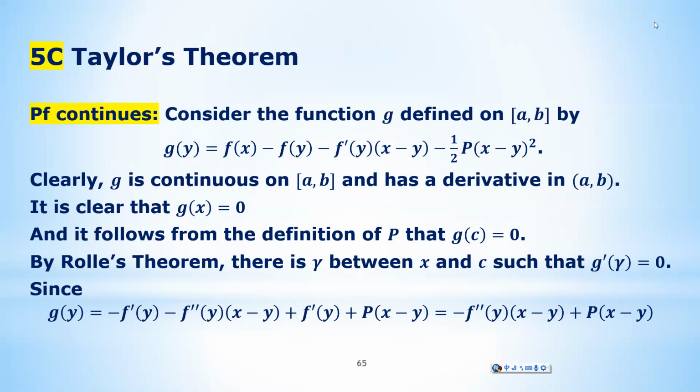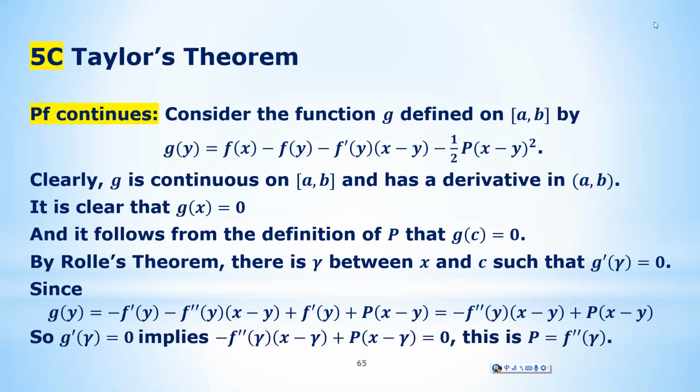That's the derivative g prime(y). Since g prime(gamma) equals 0, this implies minus f double prime(gamma) times (x minus gamma) plus p times (x minus gamma) equals 0. Then you cancel (x minus gamma) and immediately get p equals f double prime(gamma).